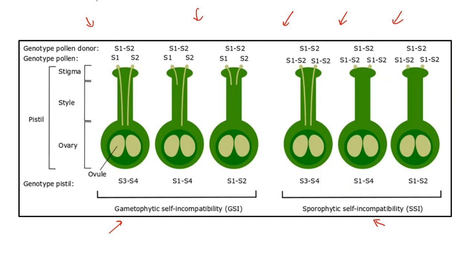This figure gives you the self incompatibility details, and it is quite explanatory in itself. You can see how and when the pollen grain will be able to form the pollen tube, and the pollen tube will be successfully able to grow inside the style and enter the ovary.